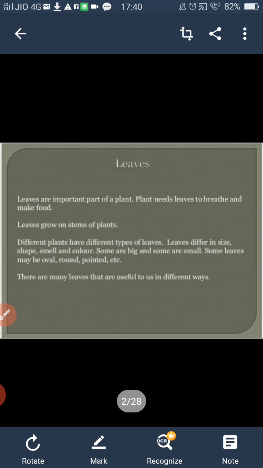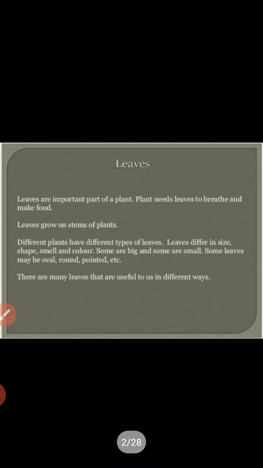Leaves are an important part of a plant and plants need leaves to breathe, right? Because the leaves have very minute structures on them, and the name of that structure is stomata, through which it breathes and it makes food for us, right?